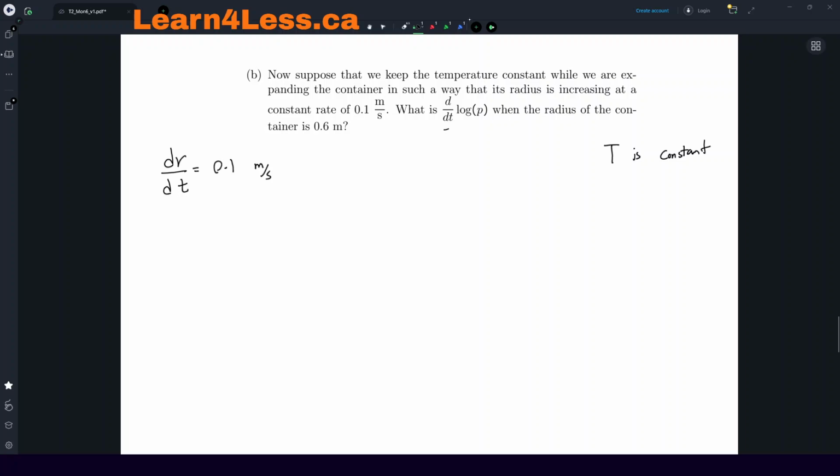They are asking what is the derivative of log of the pressure, log of P, with respect to time, when the radius of the container is this much.